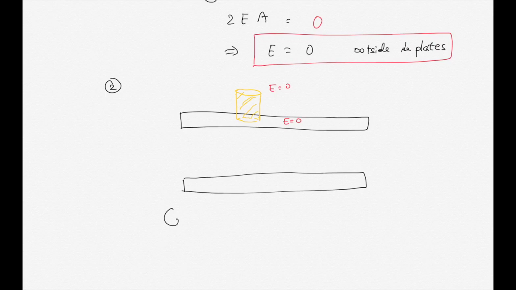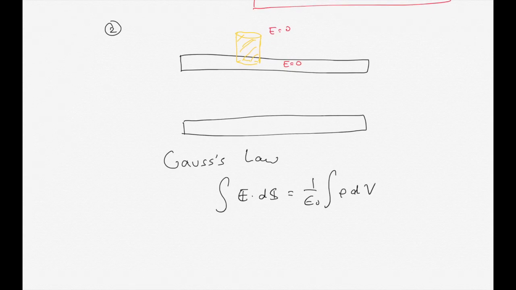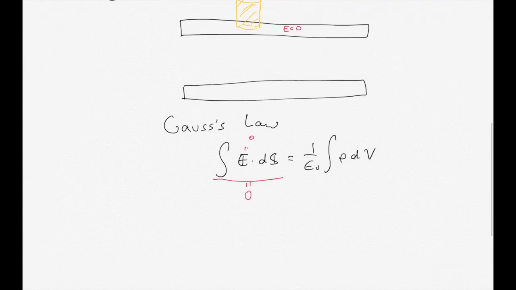We apply Gauss's law. So the integral of E dS equals 1 over epsilon naught times the integral of rho dV. In this case, the electric field is 0, so the left-hand side becomes 0. So from these equations, the total charge inside of the cylinder, Q enclosed, equals 0.